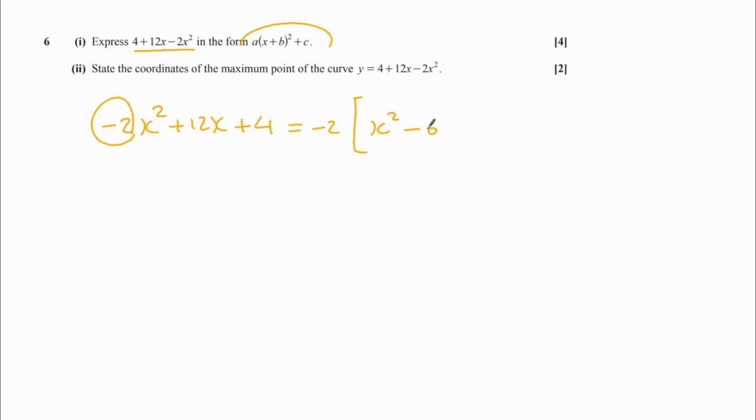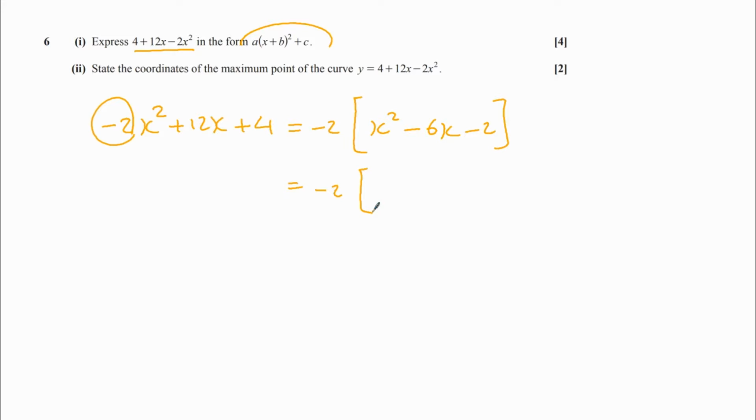And this would be minus 6x, and this would be minus 2. These are minus because we are factorizing minus 2. So if you see, the pluses become minus. Now I can again write in here minus 2, and I need to keep that organization going. I need to keep the terms as they are when I'm putting equal.